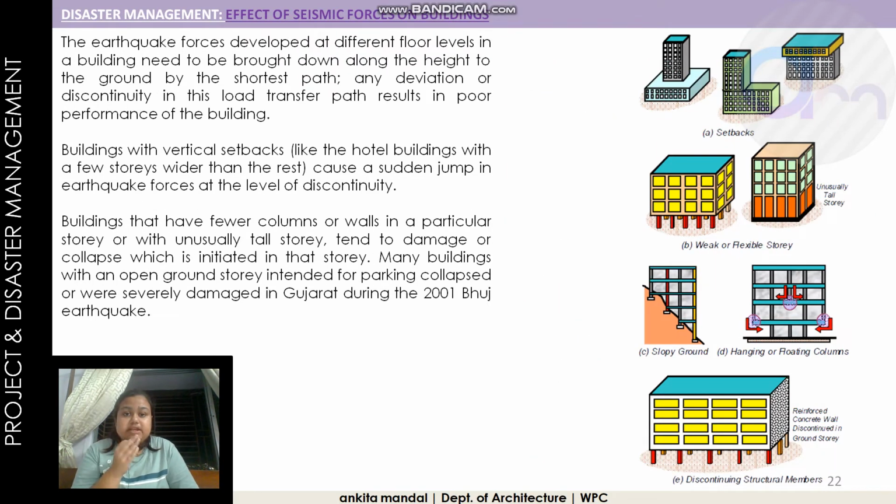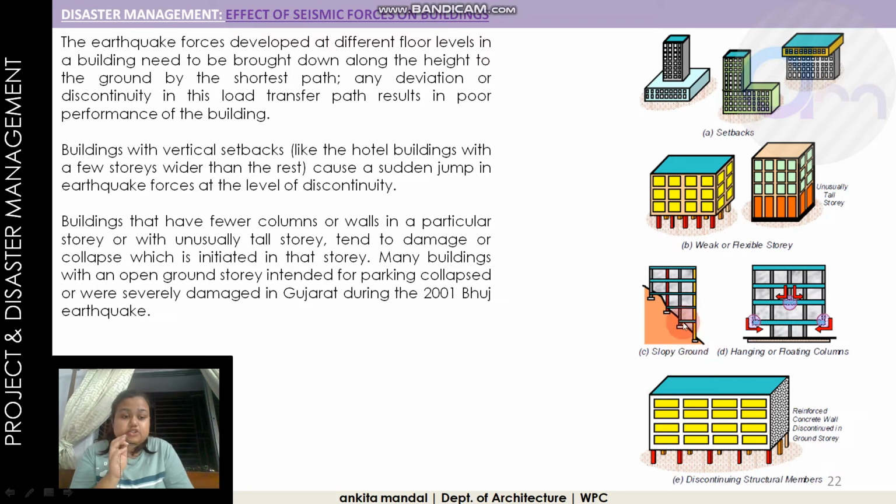This kind of plan, like a setback, you can see in the hotel. With this setback, the higher level carries more weight. Then there is the weak or flexible story: if the columns are weaker and the columns are not on the periphery of the building, it breaks down easily.